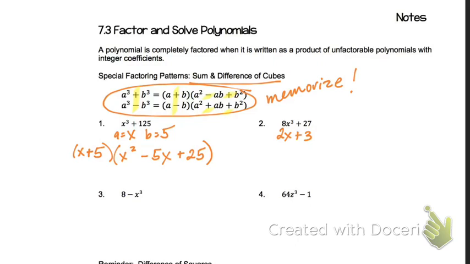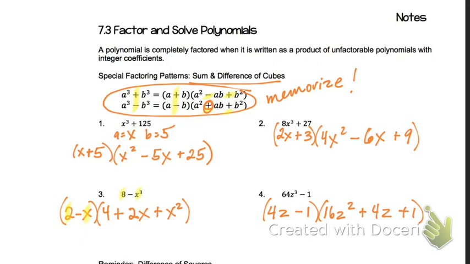So 2x plus 3, a squared would be 4x squared, a times b would be 6x, it would be minus 6x, sorry, plus b squared, which would be 9. So try numbers 3 and 4 on your own.